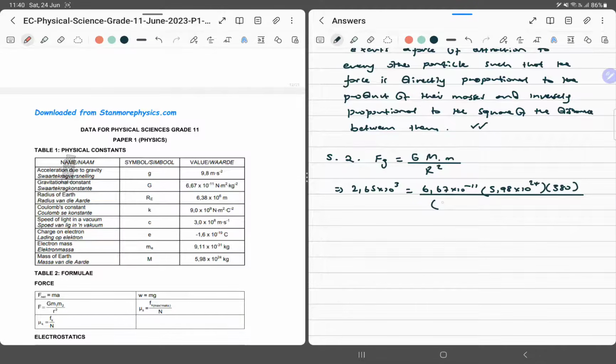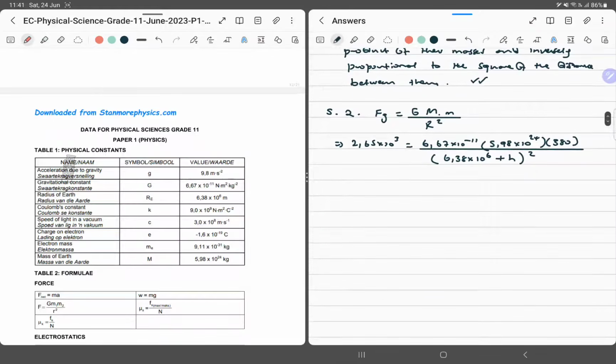So the radius of the Earth is 6.38 times 10 to the 6, and then plus h, and then we're squaring that. Okay, great. So I hope everything is where it's supposed to be.